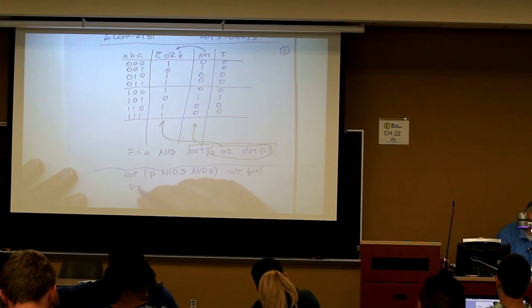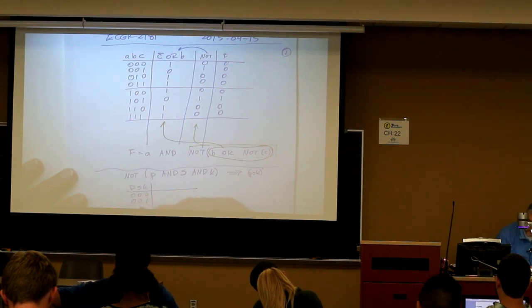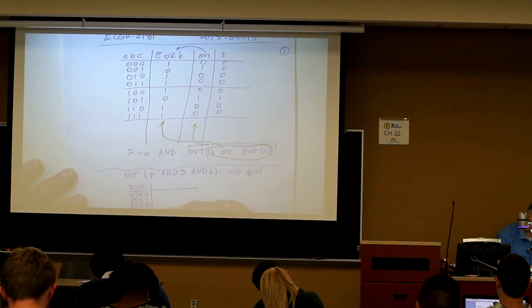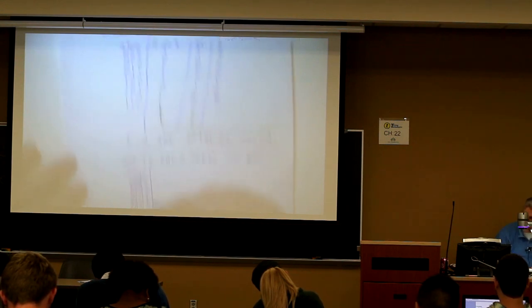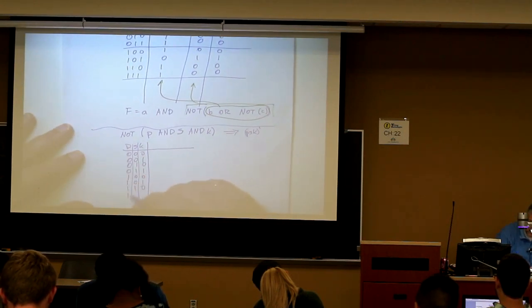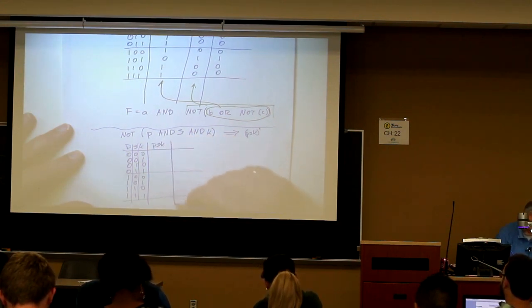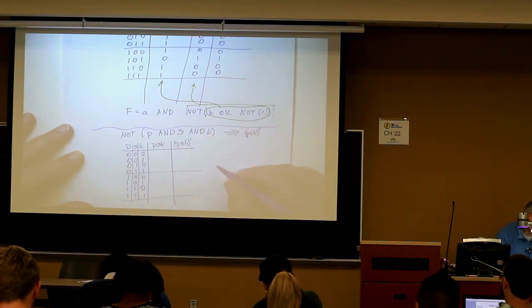So we have PSK: 0, 0, 0, 0, 0, 1. I should draw these separate lines, 0, 1, 0, 0, 1, 1, because otherwise that looks like an and. So now we'll do PSK, and now we'll do PSK not.